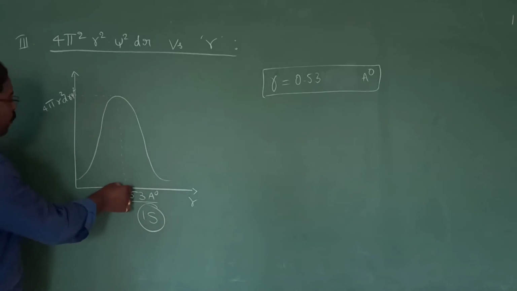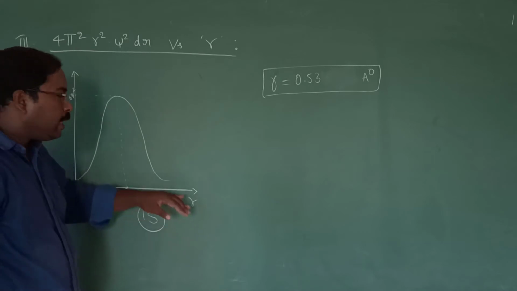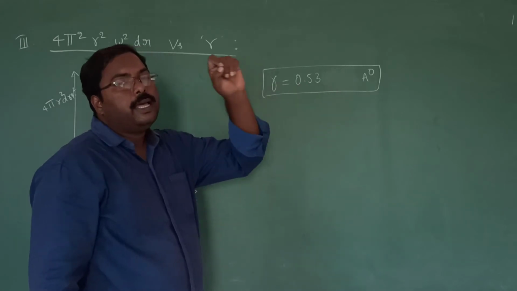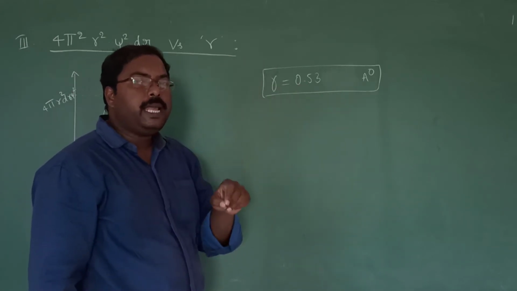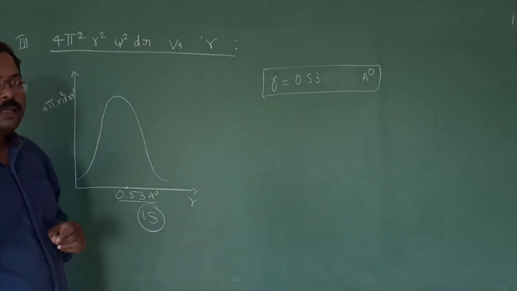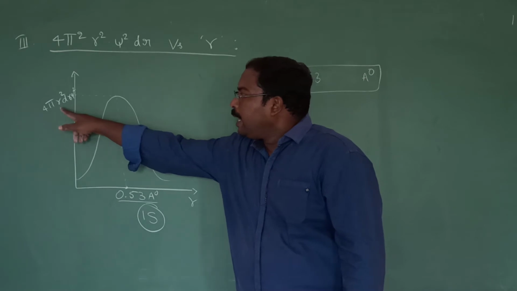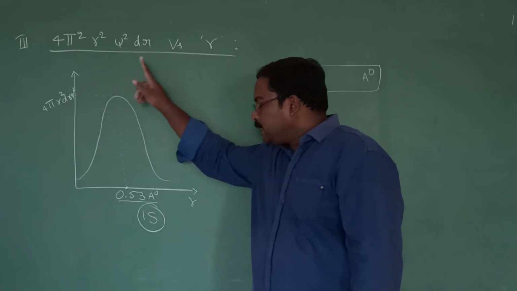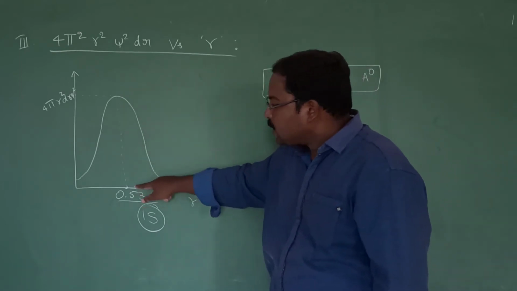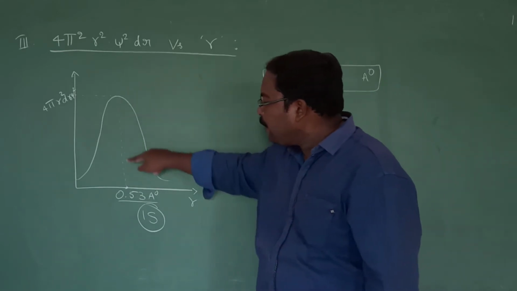So when we draw the graph between the probability function and r, the corresponding value for the 1s orbital is nearly the same as the radius of the first orbit given by Niels Bohr. Okay? So remember that point, and note it down in your notes also. Right? What you have to note down: when we draw the graph between the probability function versus r, the radius of the orbit given by Niels Bohr is the same as the value obtained from the graph.